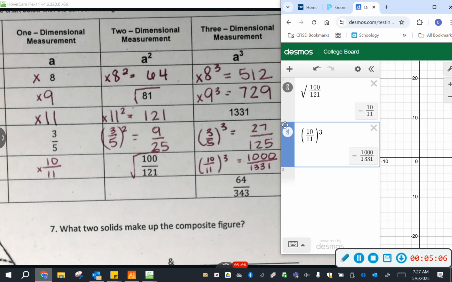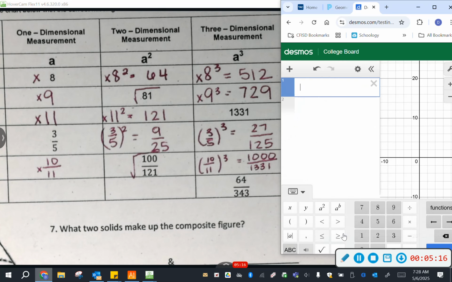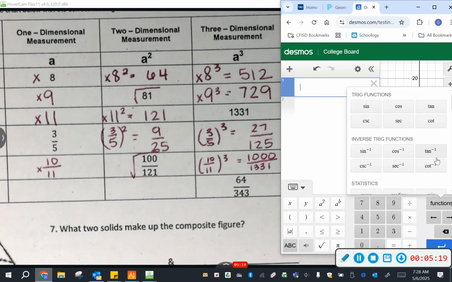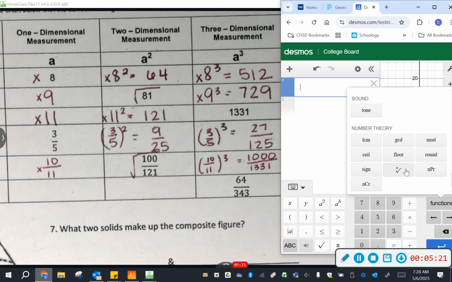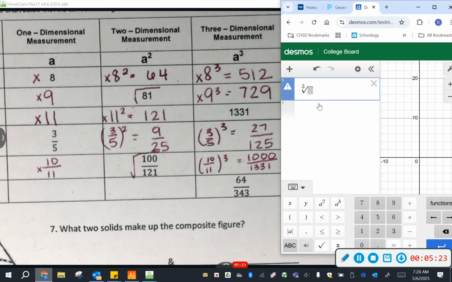What questions can I answer for you? Last one, what do I do? Cube root it. So hit functions, go all the way down, put that little 3 there, and then just type in what it is.